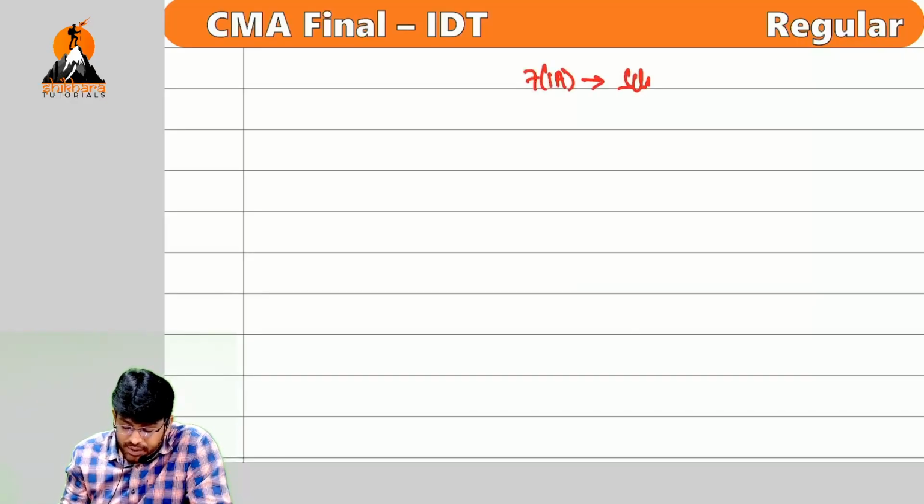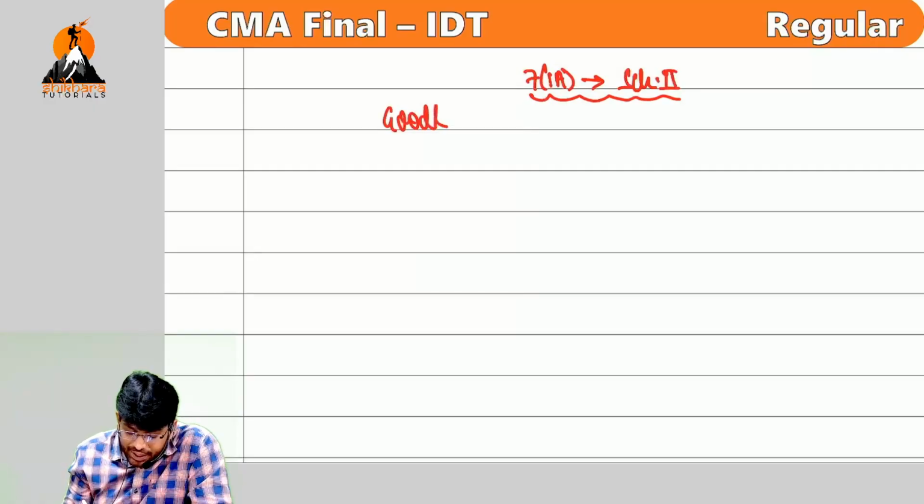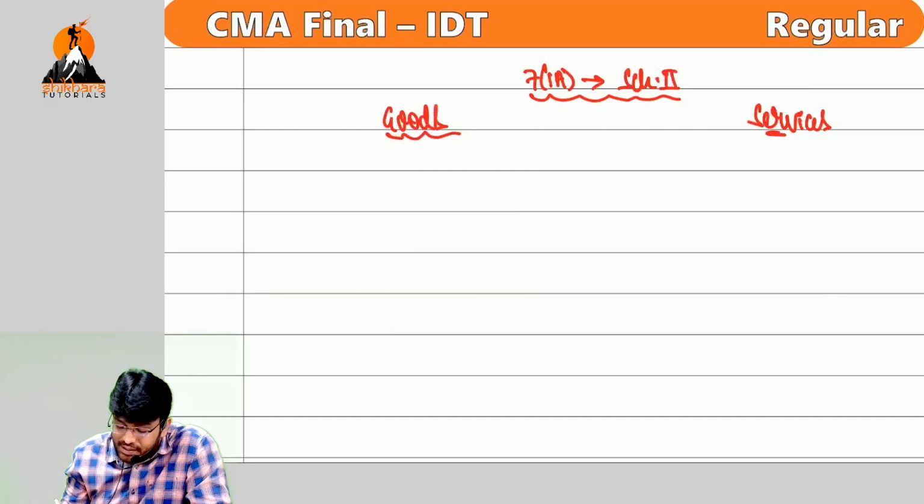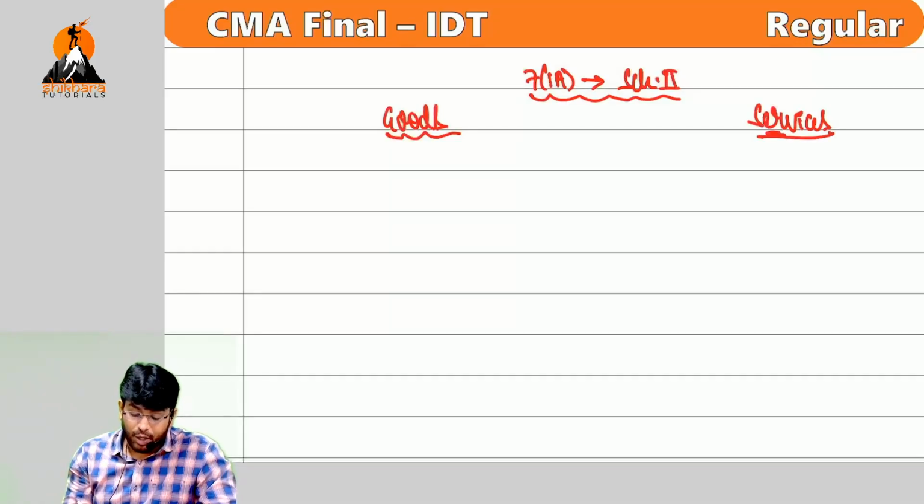And this concept is dealt by Schedule 2, my dear friends, which clearly talks about what are regarded as supply of goods and what are regarded as supply of services. And the point is very clear.